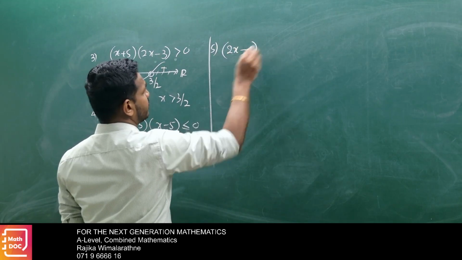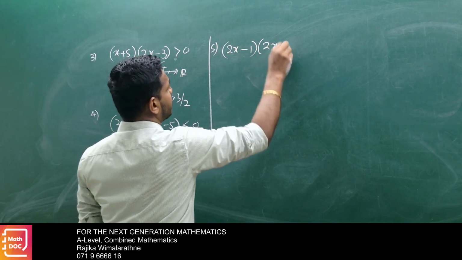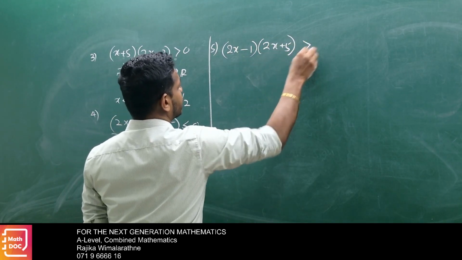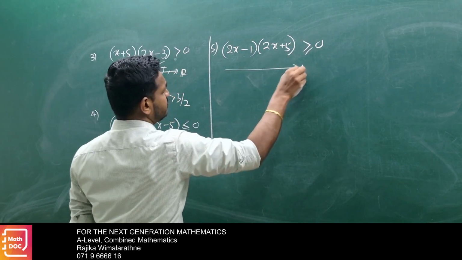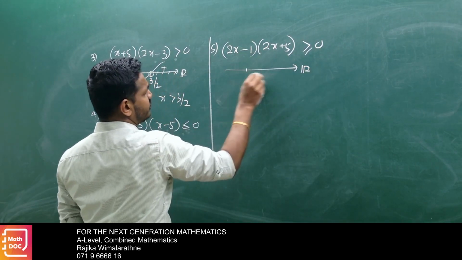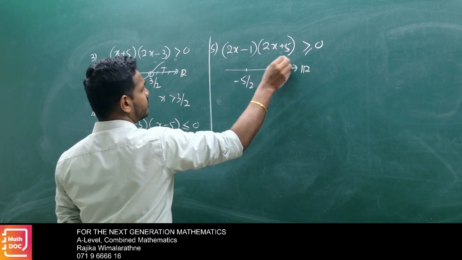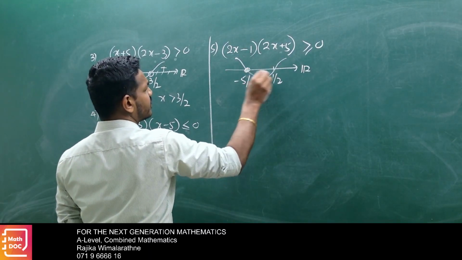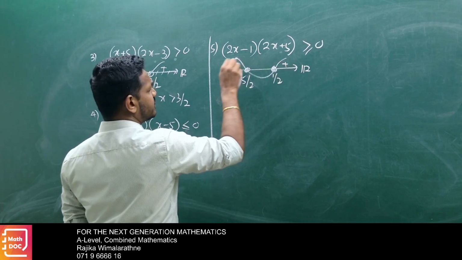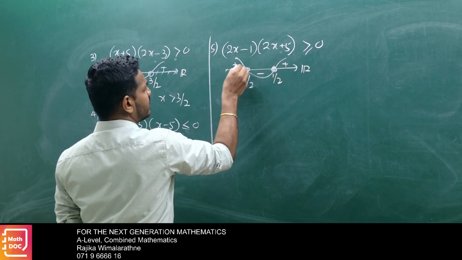Do with me. 2x minus 1, 2x plus 5 greater than or equal to 0. Here 0 value half. Here 0 value minus 5 over 2. And the positive region, you need to select.